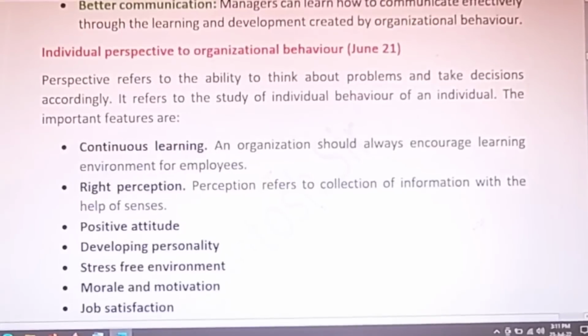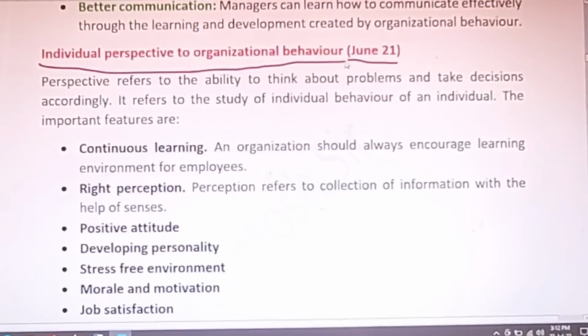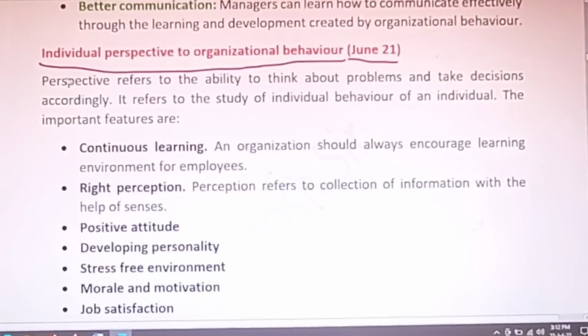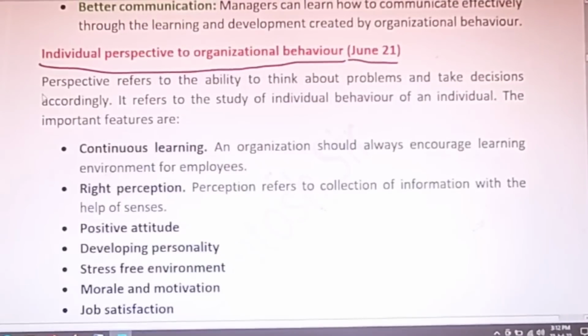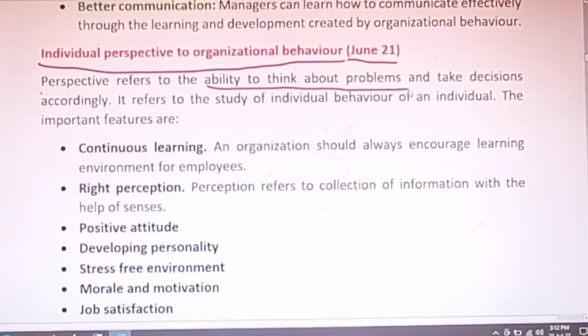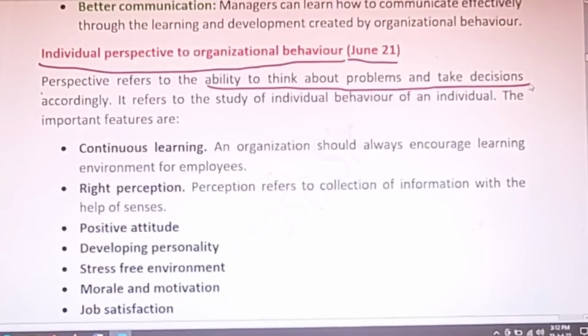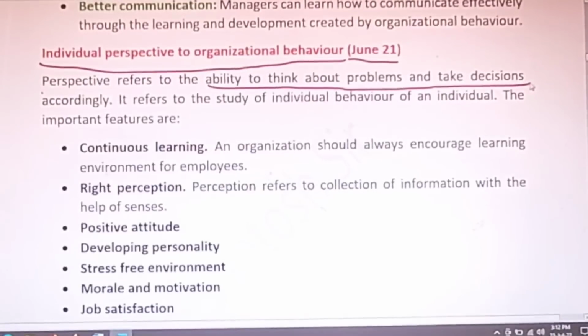Then this question came in June 2021. Individual perspective of organization behavior. Now when we talk about perspective, it refers to the ability to think about the problems and finding solutions so that we can take decisions. Okay, so that is called individual perspective.